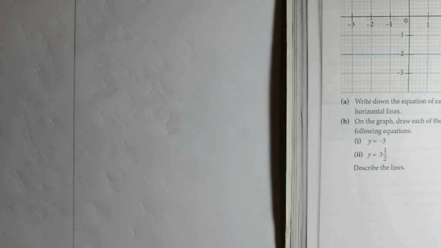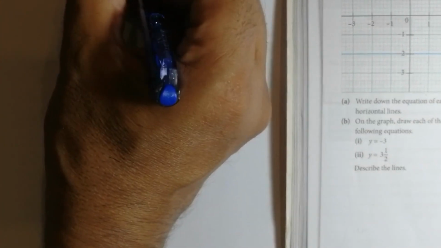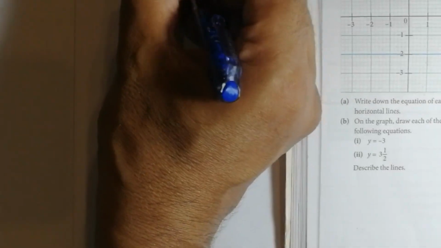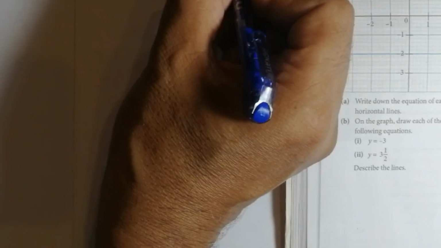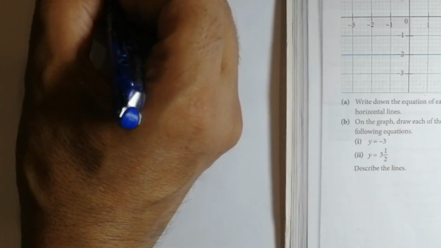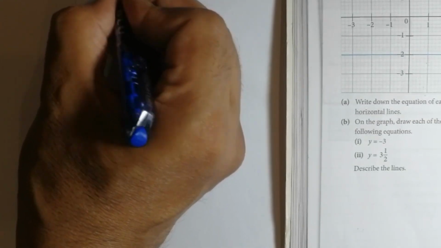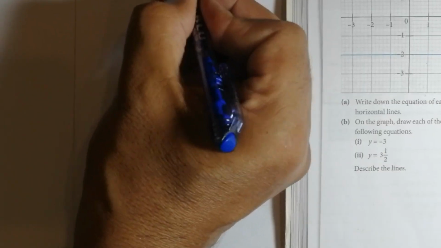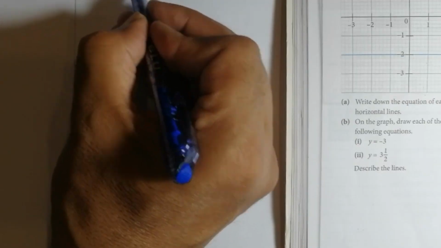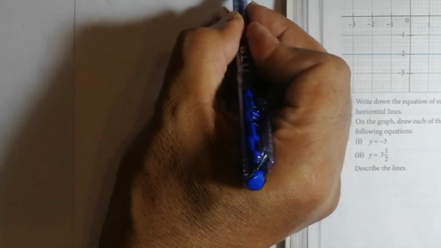Now part C is solved, so I solve part D. 2.5x minus 3y equal to minus 4. For x equal to 0, if we put x as 0, that will be 2.5 into 0 minus 3y equal to minus 4.